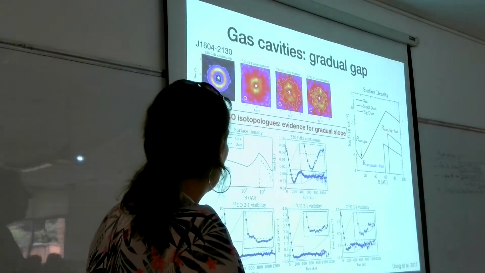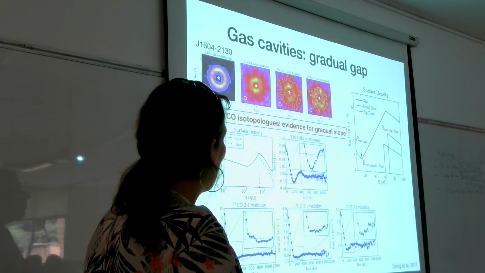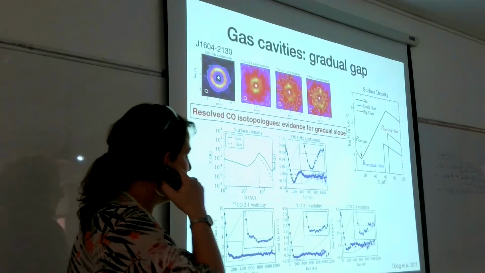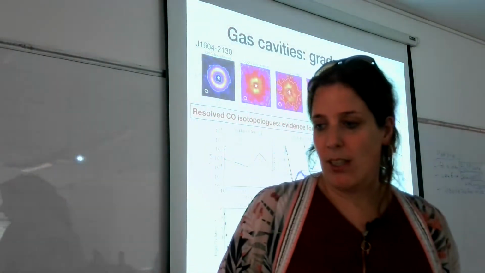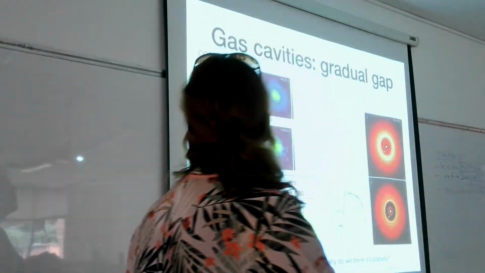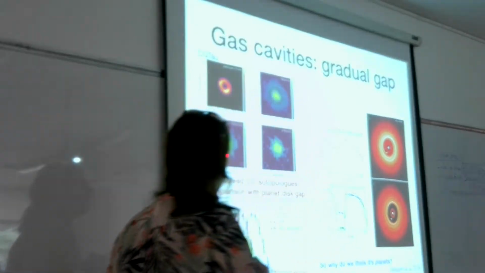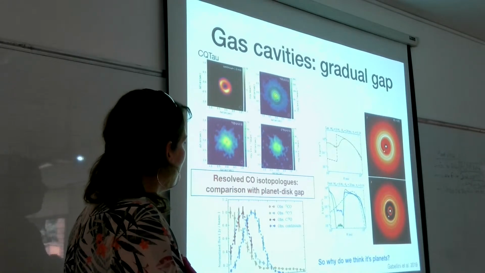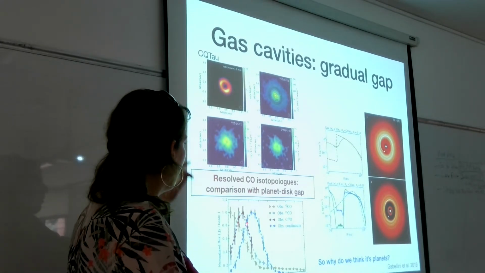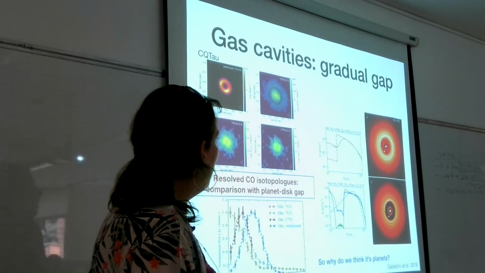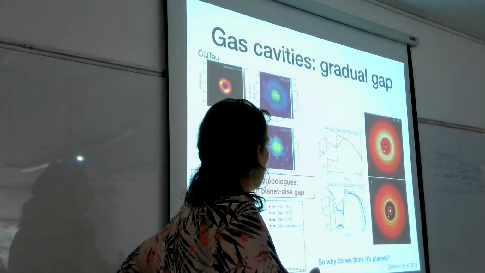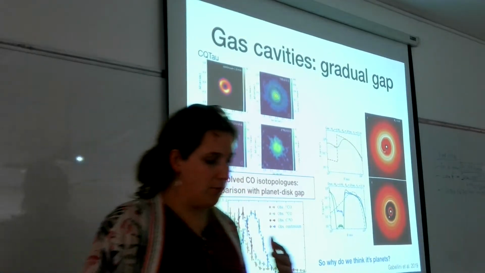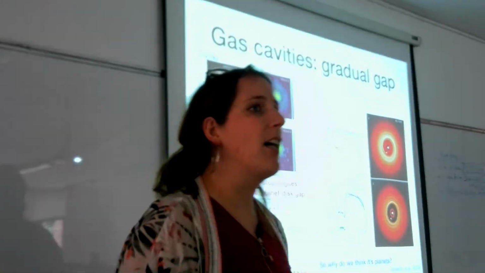We're actually able to model that shape of the gap directly by looking at these CO data. Something similar was found in the 16 Tau disk. Also here, you have different cavity sizes depending on whether you look at 12CO, 13CO, or C18O, and they were able to model this with a more realistic planet-carved gap.